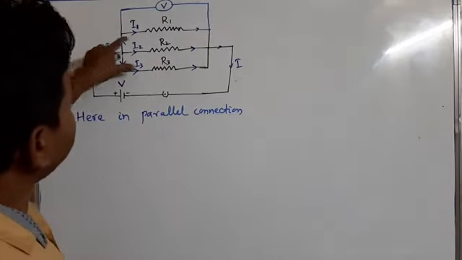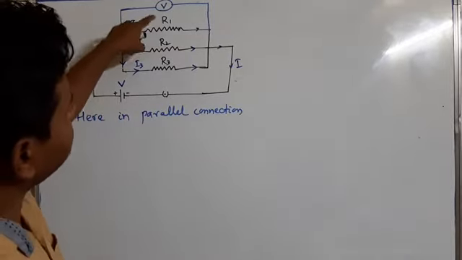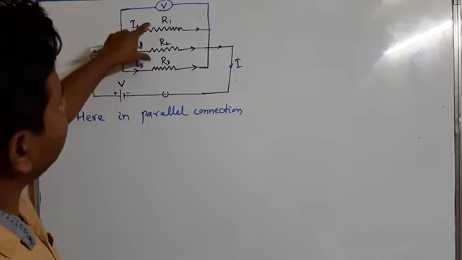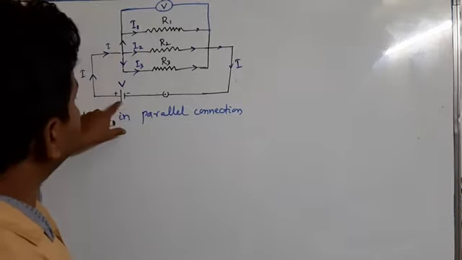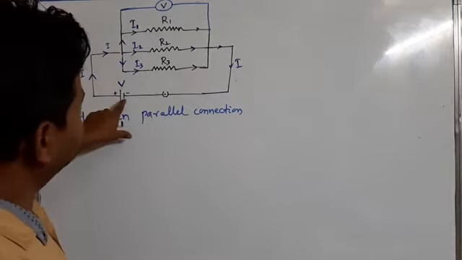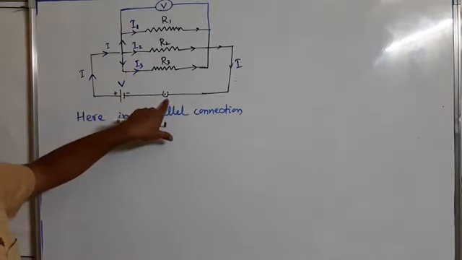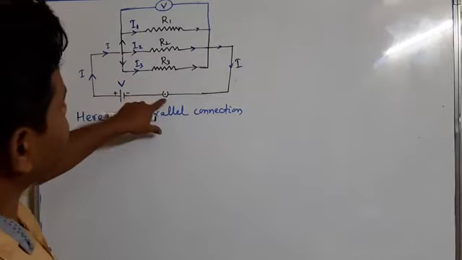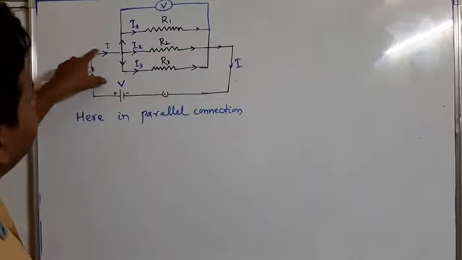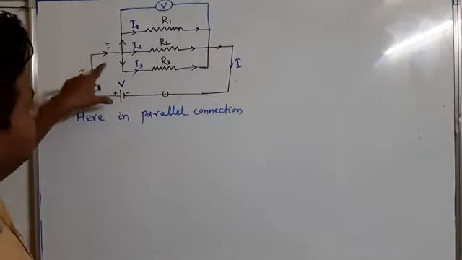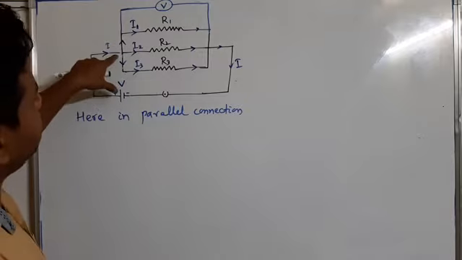Here we have taken three resistors R1, R2, R3 connected in parallel with a cell of voltage V and a switch. When we switch on, the current I will flow through the circuit, but the current will divide here.